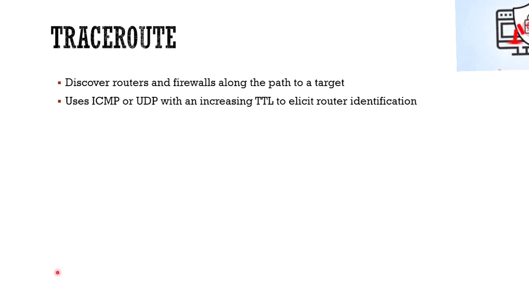My very first router goes, oh, 1, drop it to 0. 0 means it shouldn't go any farther. I will discard the packet and I will send you back usually an ICMP expired in transit message saying, hey, I discarded this thing and my name as a router is either my name or my IP address. Usually it's name, and then the traceroute tool will try to look up the IP address.